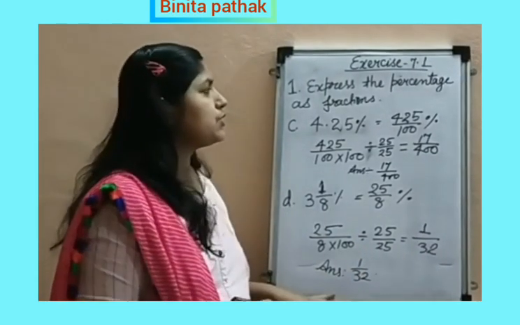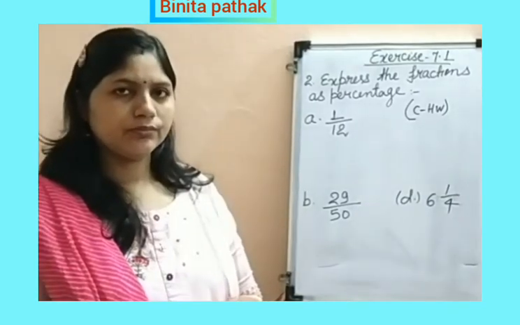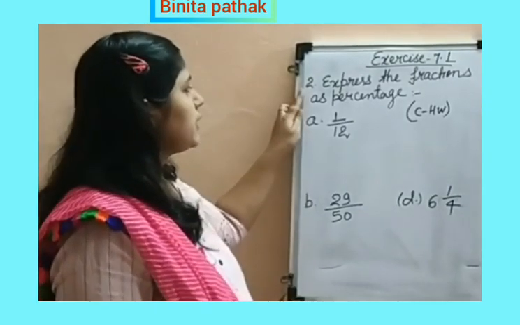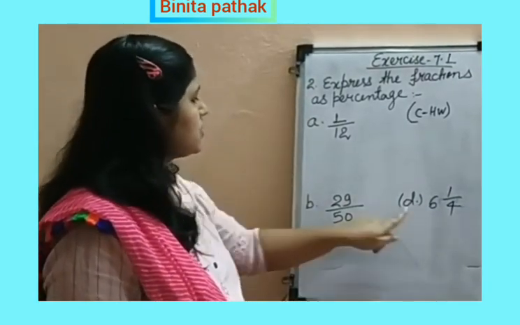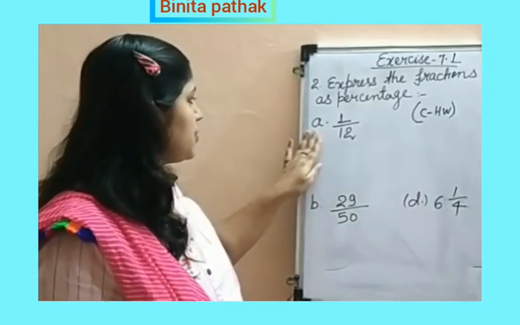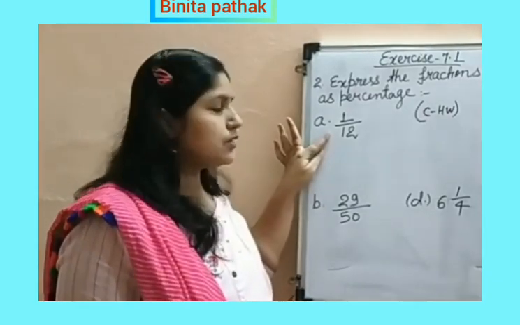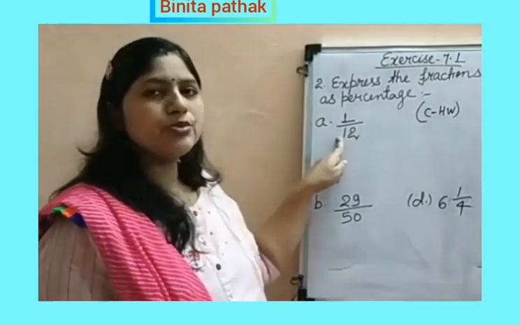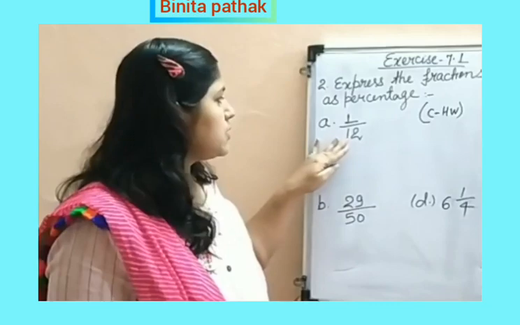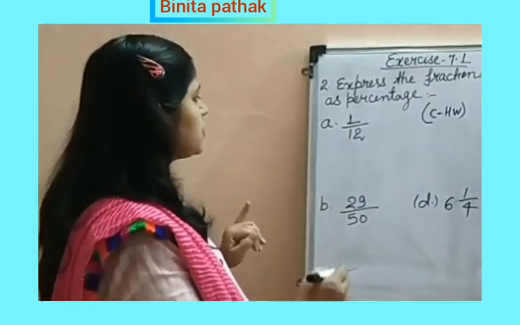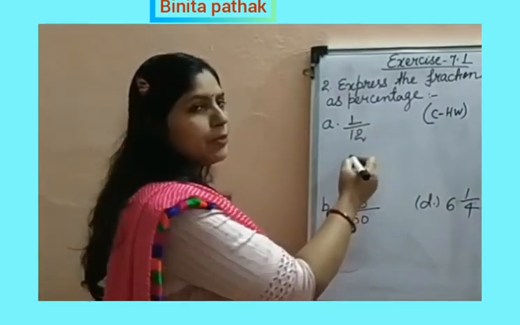Let's do our next question, that is question number 2. Express the fractions as percentage. First question is 1 upon 12. So we can do two things here. First, we can convert this denominator into 100, but here it is 12. It is not possible. So we will multiply this fraction by 100.